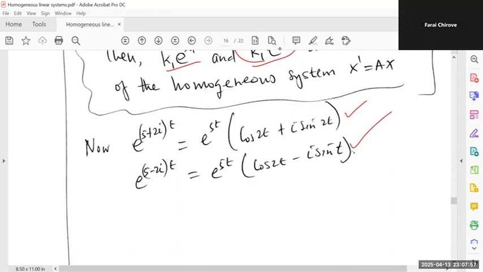So all you do now is to try and extract. Remember, we said if x1 and x2 are solutions, then even the linear combination C1 x1 plus C2 x2 is a solution also. So you can conveniently choose these C1 and C2 to give you the other solutions.